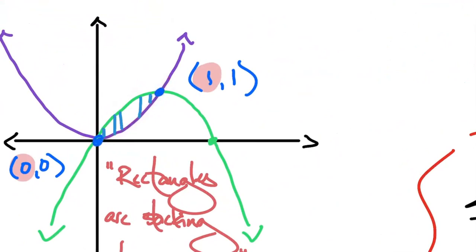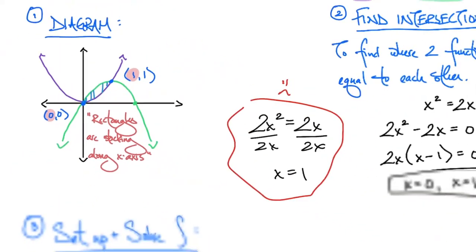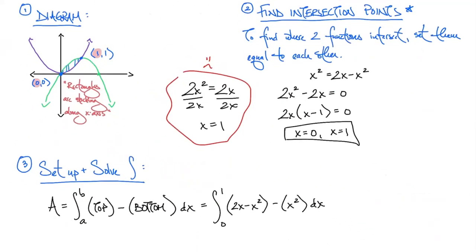Yes, and that is such a key point, right? Because I didn't even talk about that. Over here, you're right, the purple one is on top of the green one, but it's not in the interval that we're looking at. I'm so glad that you clarified that. In the interval that we're looking at, we want to see which one is on the top and which one is on the bottom.